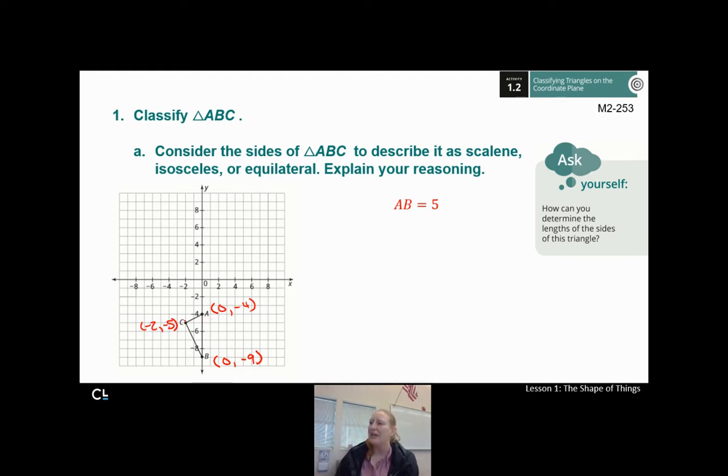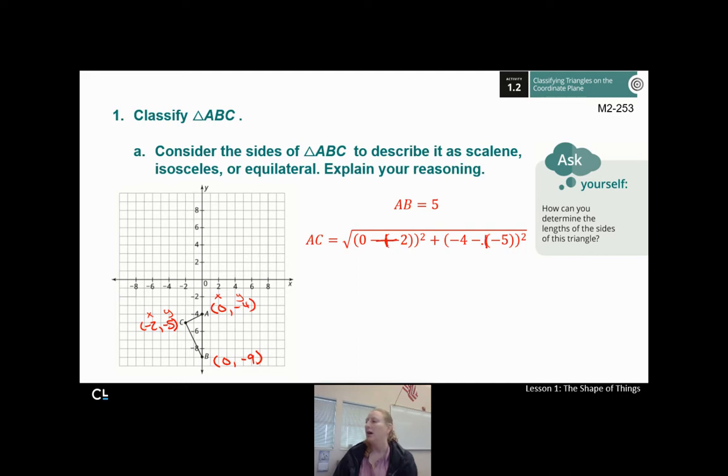Side AC though, I'm going to need to use some distance formula there. It's kind of on a slant, right? So remember distance formula, you subtract your x coordinates and you square it, and then you subtract your y coordinates and you square it. So watch those negatives. When I set it up, it looked like this. I did 0 minus a -2, and then I did -4 minus a -5. Clearly, there's a lot of cleanup to be done here. We know double negatives become positive, so 0 plus 2 means it's going to be 2 squared.